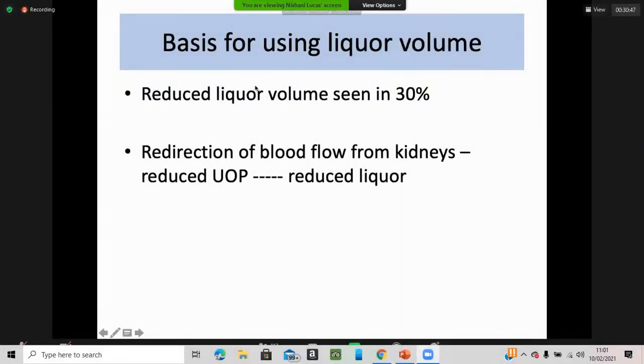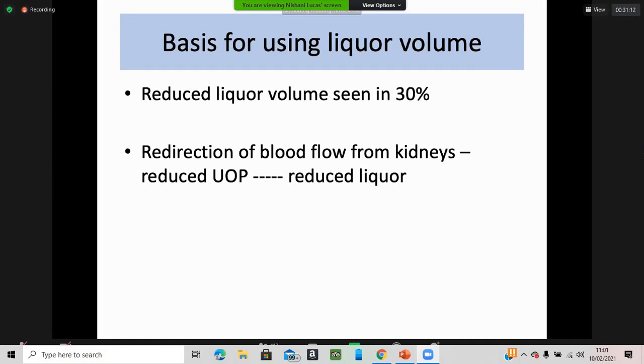Reduced liquor volume has also been found in 30% of the women. The basis behind it is redirection of blood flow. We talked about redirection in hypoxia: blood flow is redirected from the gastrointestinal tract and the kidneys to the heart and the brain.